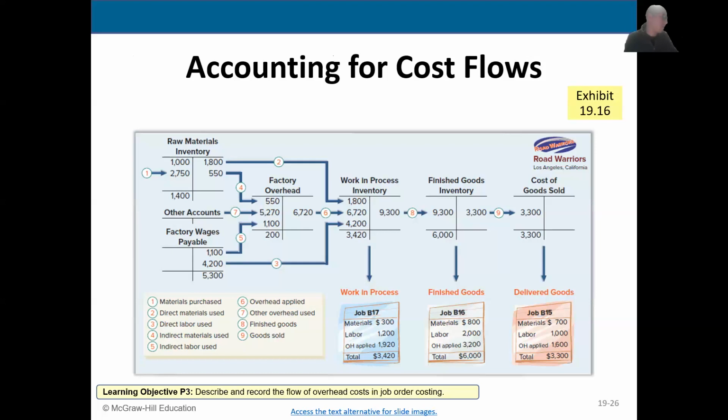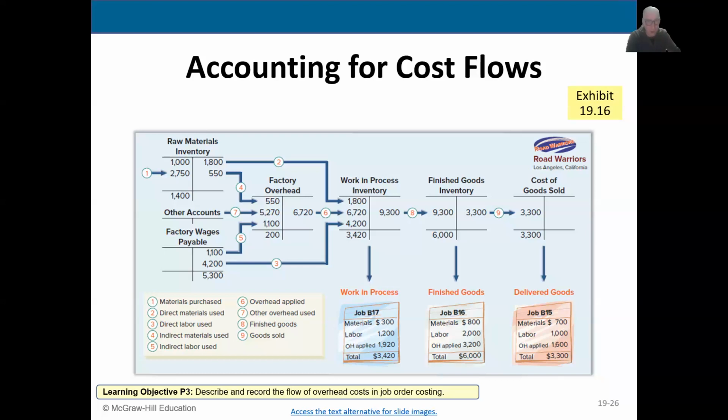The physical flow follows this flow on the financial statements. This flow chart is the reason why they call it that, right? This flow chart shows us the physical flow of the costs. Starting with the purchases and raw materials, then the requisition, direct materials used in work in process, and then the employees, direct labor used in work in process, number 3.